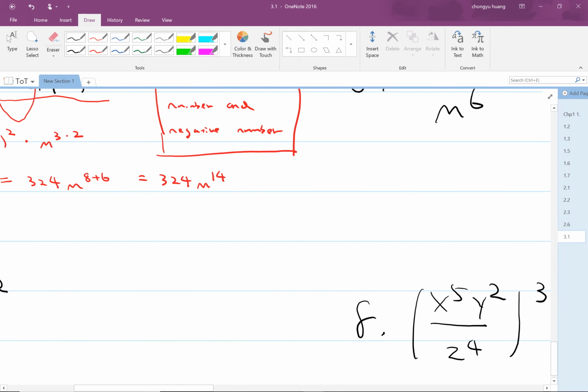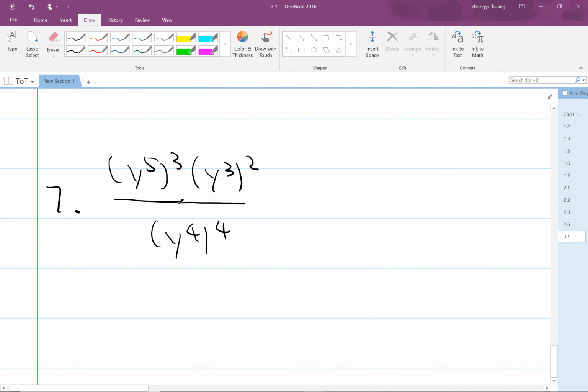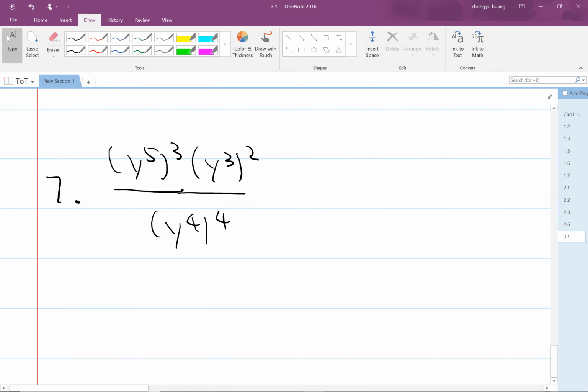So let's move into question 7. I think up to this point you guys should understand why you want to make sure, when you use the property, let me write it down. When you are solving this kind of problem, step one is always checking whether the condition is valid or not.